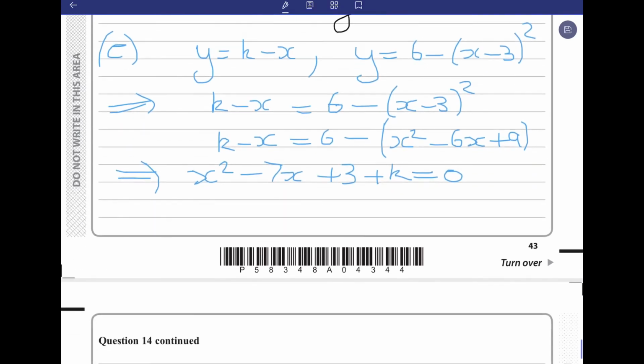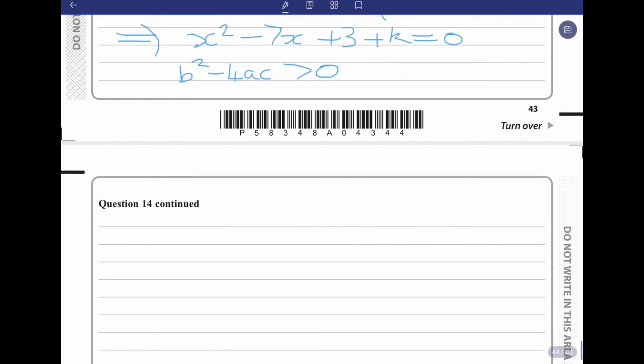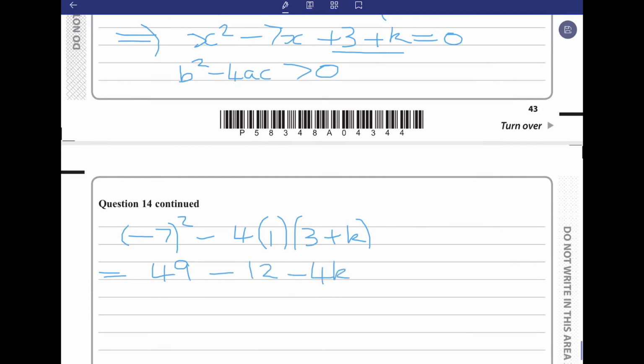Now recall that we're looking for values of k such that it intersects twice. So we want when b squared minus 4ac is greater than 0. So let's calculate b squared minus 4ac. So it's minus 7 squared minus 4 times 1 times c, which is this whole term here, 3 plus k, which equals 49 minus 12 minus 4k, which equals 37 minus 4k.